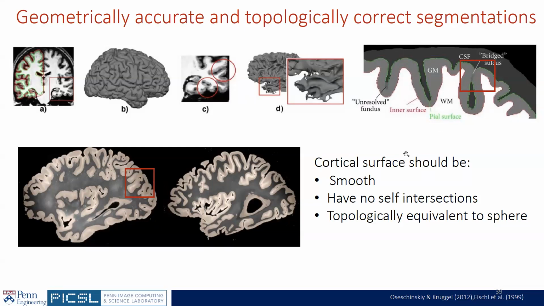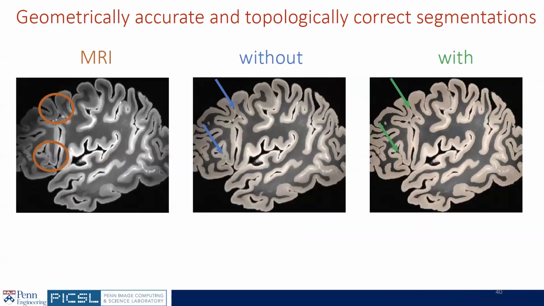So there are ways to incorporate the definition of topology inside the network, or you can also impose this topology correction step after you run your network and use it as a post-processing step. Right? So I just want to show you a couple of examples of how we were able to solve this problem, but how we did it, that's for lecture 2.